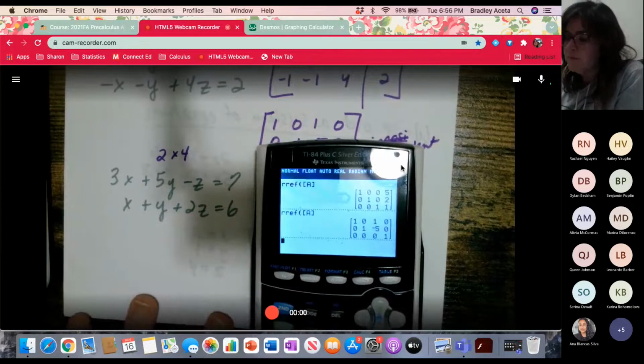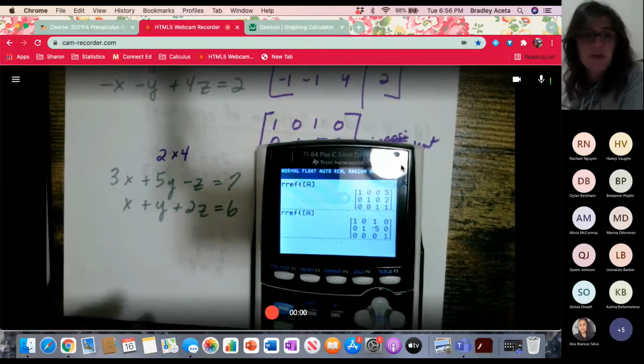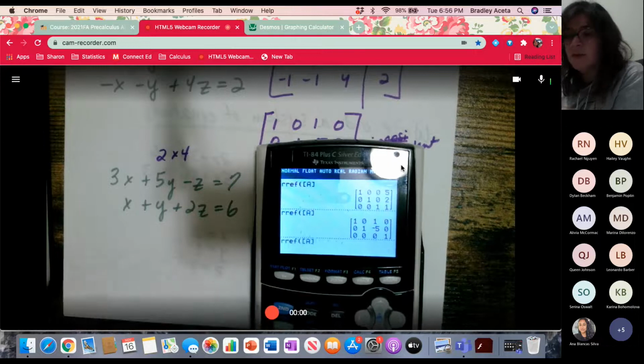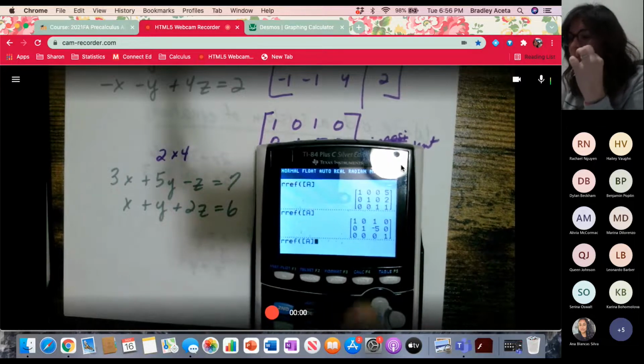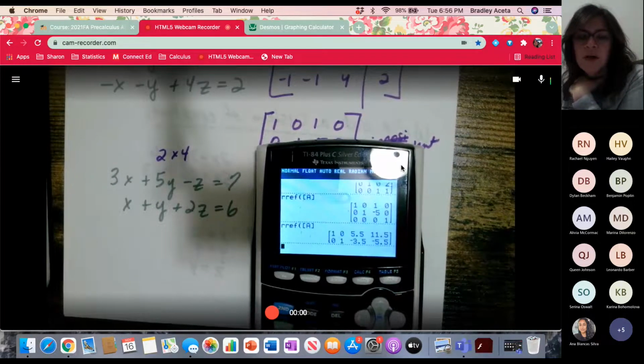I'll go back out. At this point, by the way, if you already have done RREF A and you changed matrix A, you can actually just hit second enter and it repeats RREF A, but it will use the A that you put in. So I'm just going to do that.